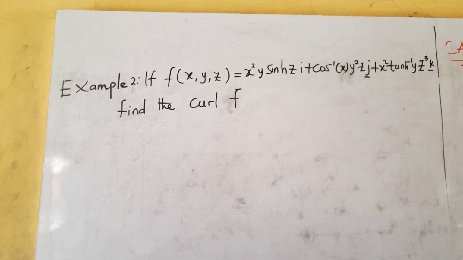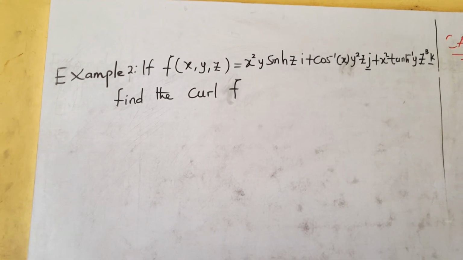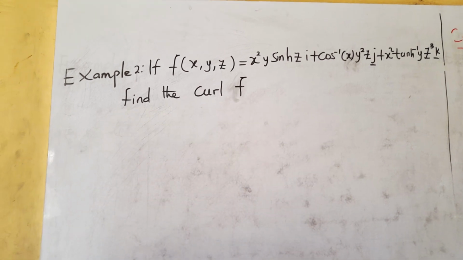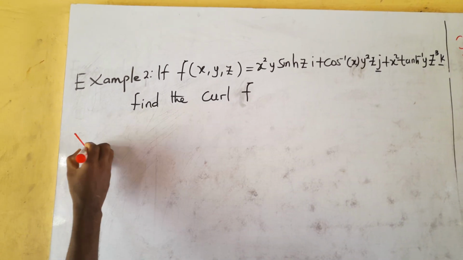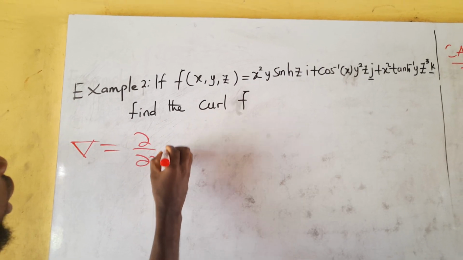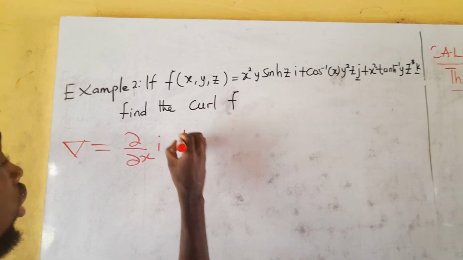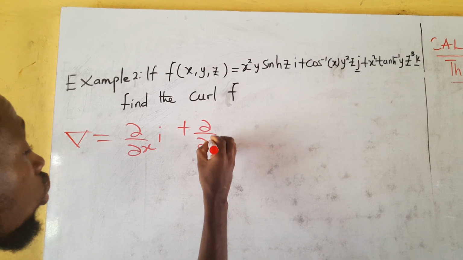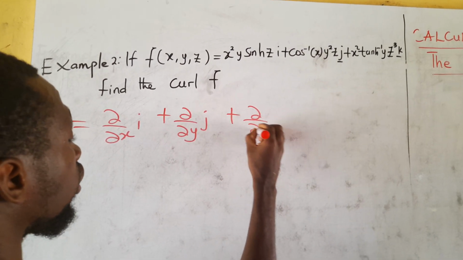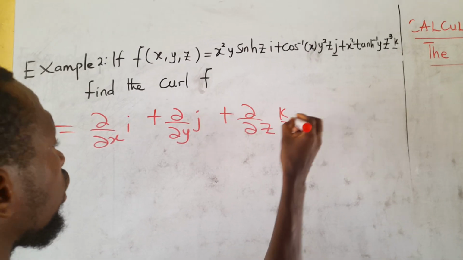Remember, the curl of f is a cross product between the differential operator and f. And what's the differential operator? It gives us del over del x in the i direction plus del over del y in the j direction plus del over del z in the k direction.